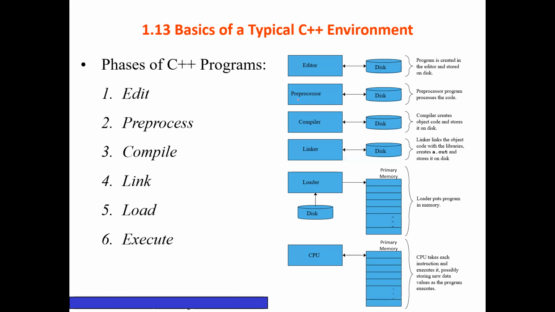For loading your program into the computer's main memory, we use another system software, which is called the loader. The responsibility of the loader is to load your program and the programs linked to it into the main memory for execution.